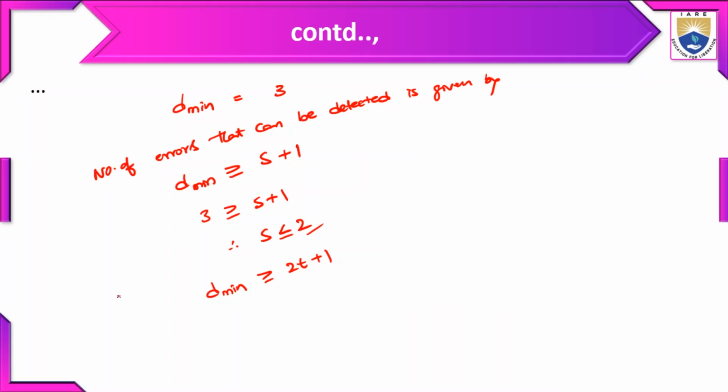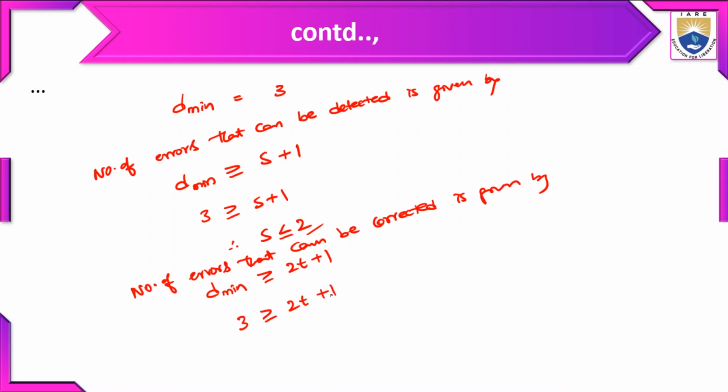So here you can write the number of errors that can be corrected is given by D minimum greater than or equal to 2t plus 1.